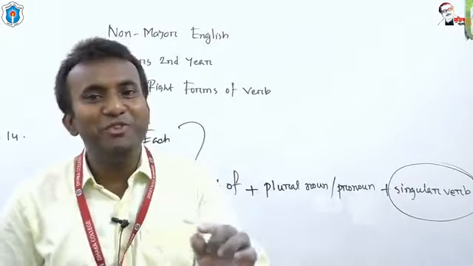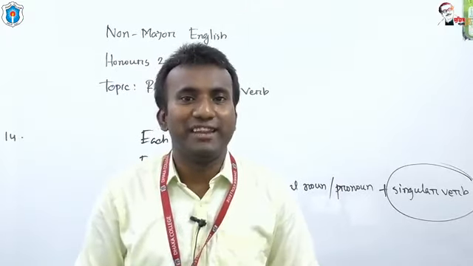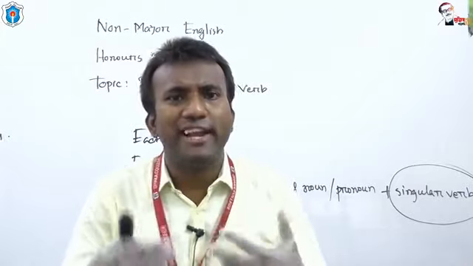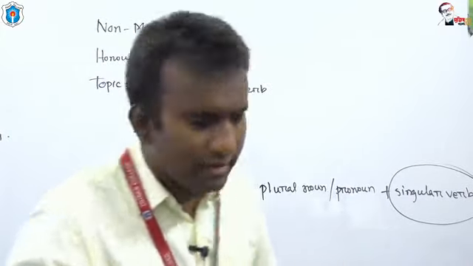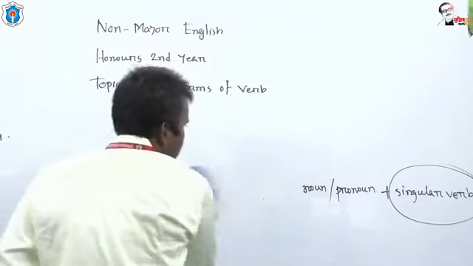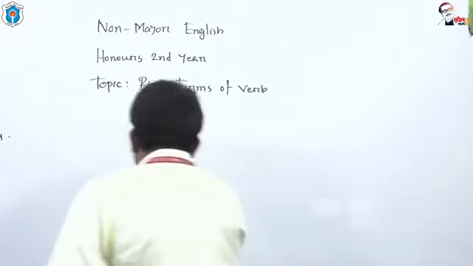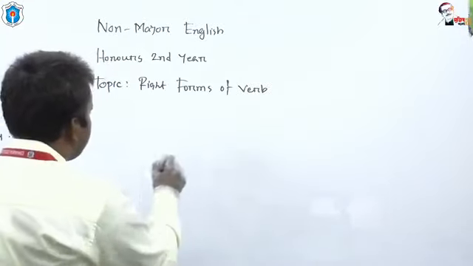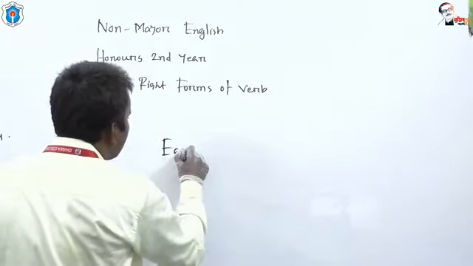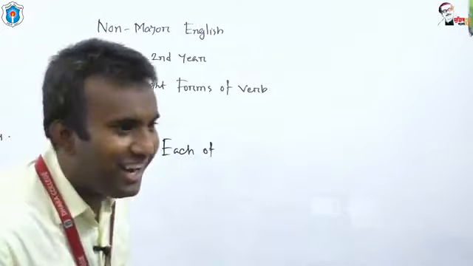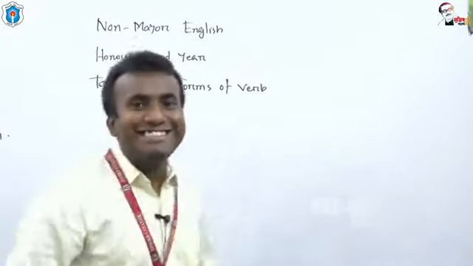Now I'd like to give you another example of rule number 14. Dear students, I'd like to give you another example of rule number 14 and try to understand me. This is a rule of right forms of verb.